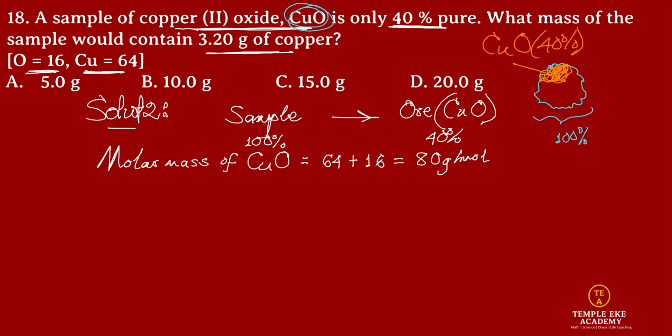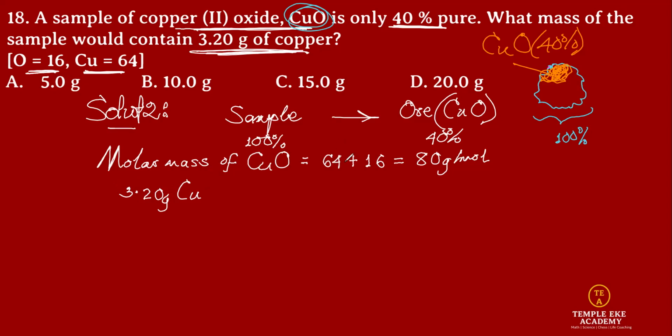We're dealing with the mass of copper, 3.20 gram of copper. So we're setting up a relationship between copper and the molar mass. Now let us get straight into it. We go with the mass provided, 3.20 gram of copper, and relate it to the mass of copper 2 oxide.